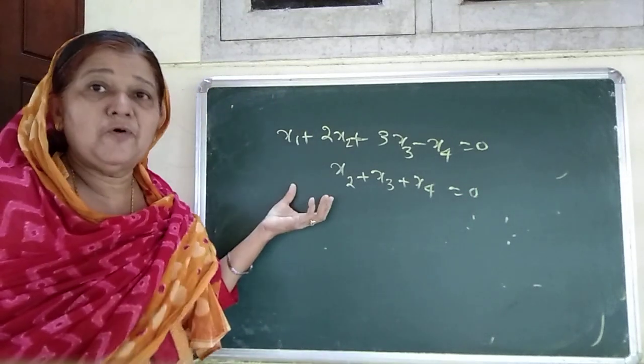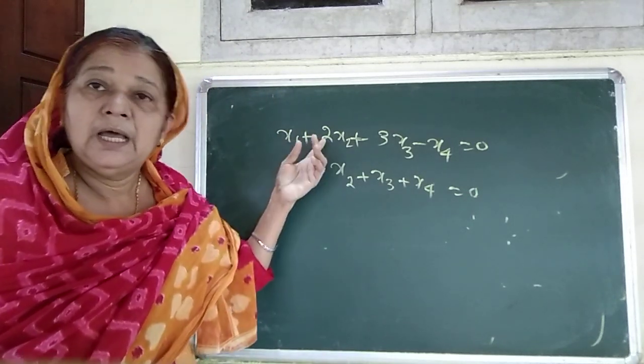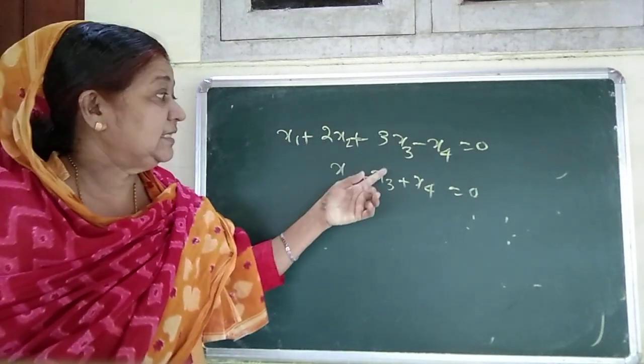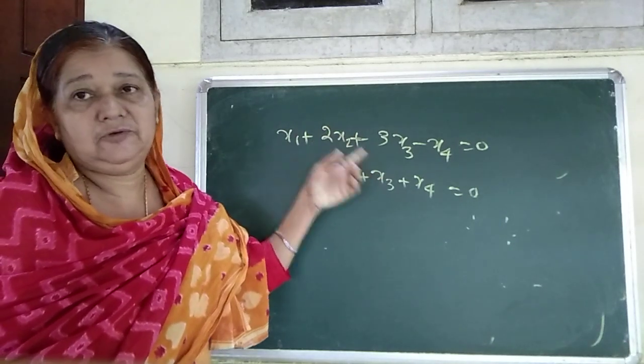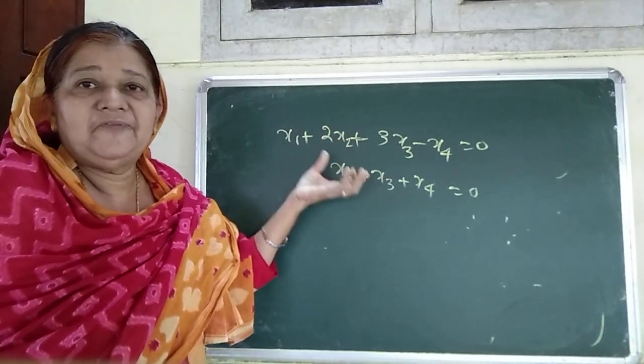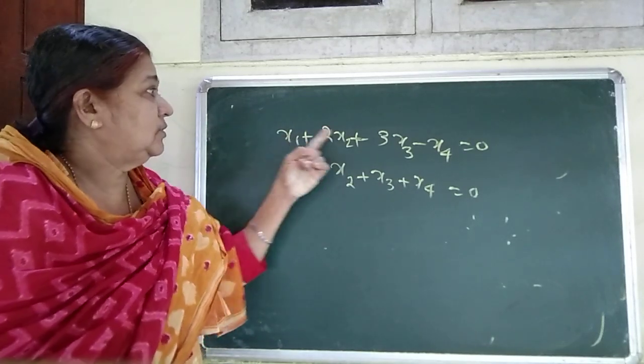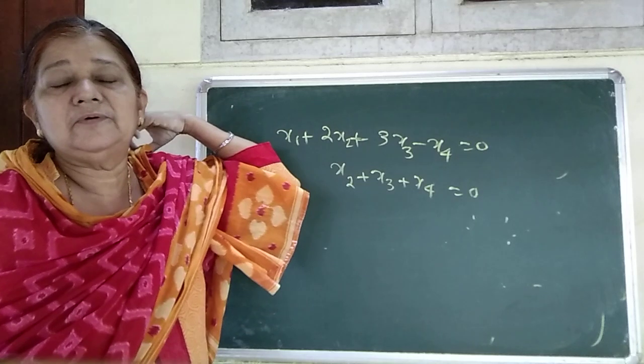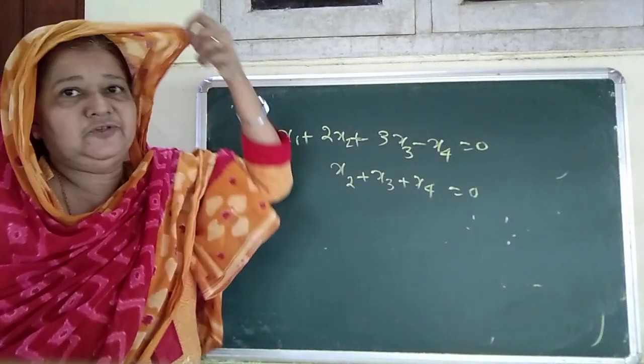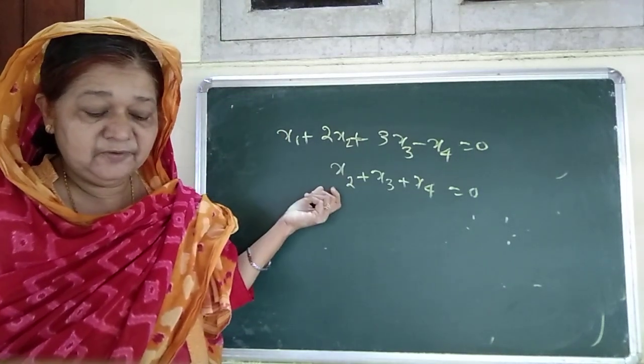It is a system of homogeneous equations in 4 unknowns, but it has only two equations. So we can find the complete solution. First, we all know x1 equals x2 equals x3 equals x4 equals 0 is the trivial solution. Then we have to find a non-trivial solution.